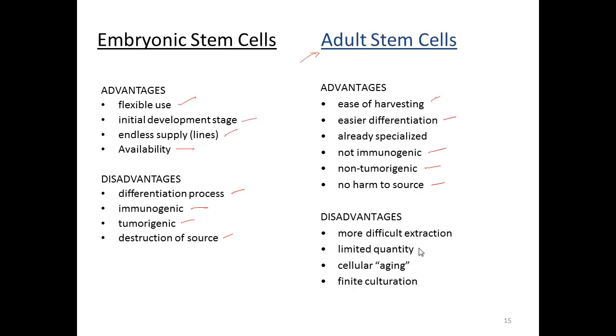Some of the disadvantages are that they are limited in quantity. We can't proliferate them in vitro the way we can embryonic stem cells. Eventually, they are going to stop dividing, and they may already exhibit signs of cellular aging, such as the accumulation of methylation and other epigenetic marks.